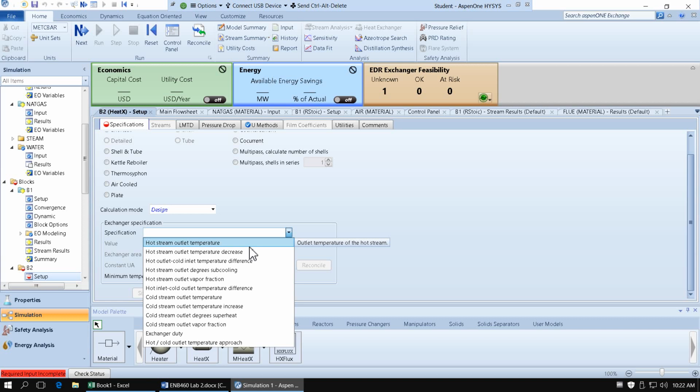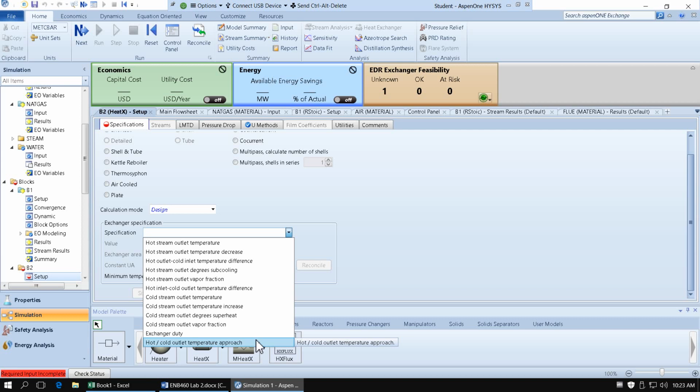So it comes in at 1,700 degrees Celsius, but environmental regulations say that your flue gas should be released into the atmosphere at a certain level. So you set that. Or if you want maximum heat transfer, you can say hot-cold outlet temperature approach to be 1 Kelvin or 1 degree Celsius or 5 degrees Celsius.